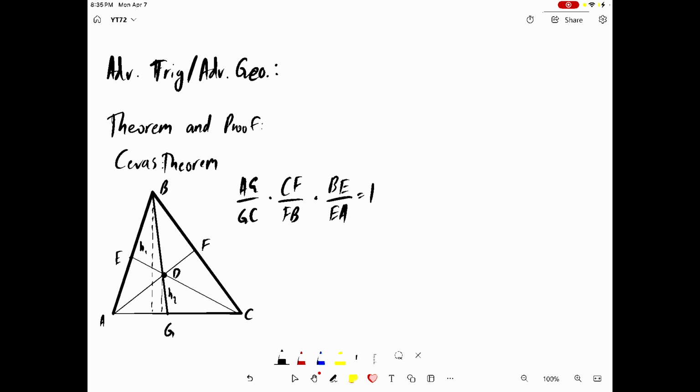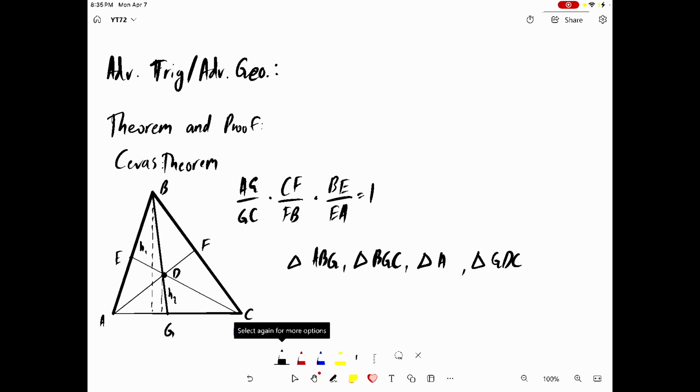Now, using these two altitudes, we're going to compute the area of a few triangles, specifically triangle ABG, triangle BGC, triangle AGD, and triangle GDC. What we're going to do with these triangles is figure out a way to simplify it and get a really good ratio.